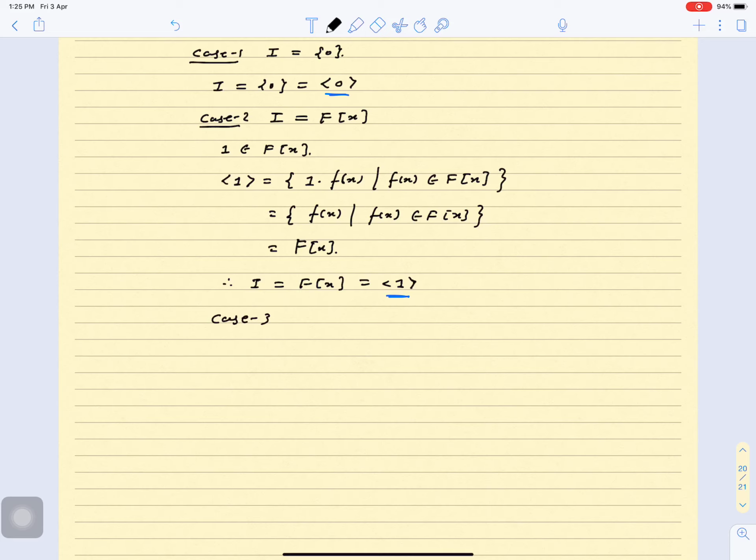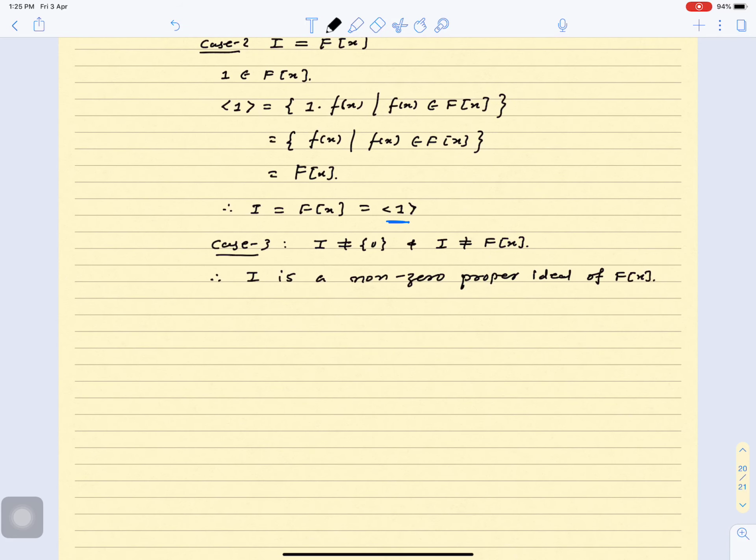Now let us consider case 3. Suppose I is not equal to 0 and I is not equal to F[x]. So therefore I is a non-zero proper ideal of F[x].